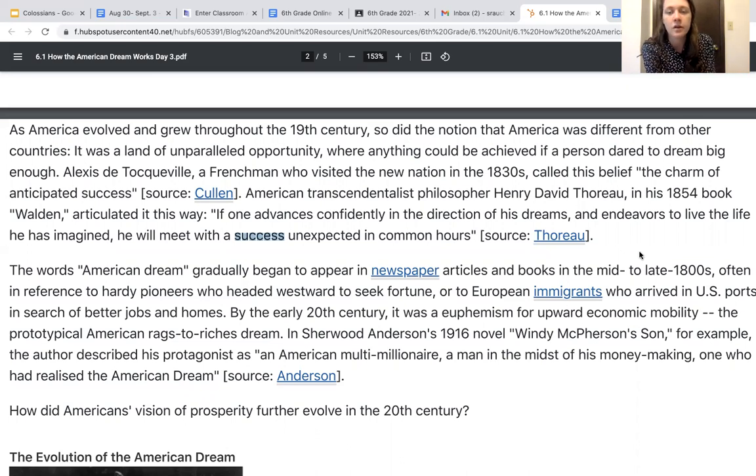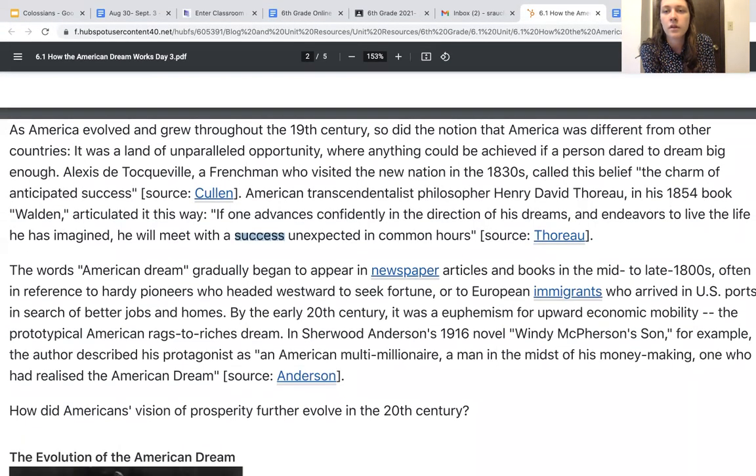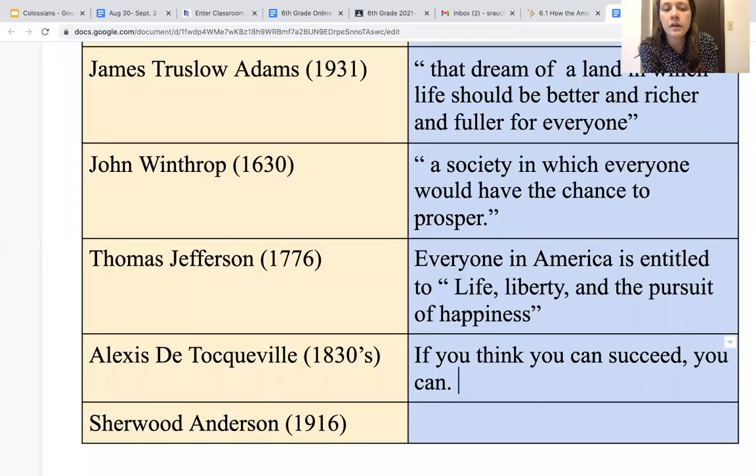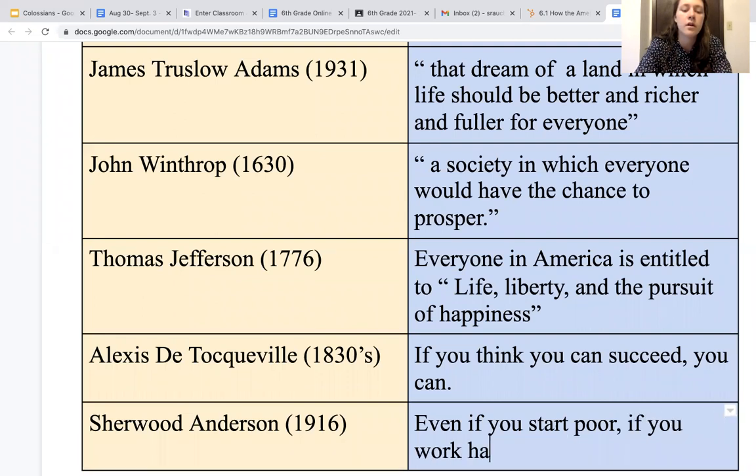Okay, so that's the last thing that we're going to add to our article. Close here. So he thinks that the American dream means that even if you start poor, if you work hard, you can get richer.